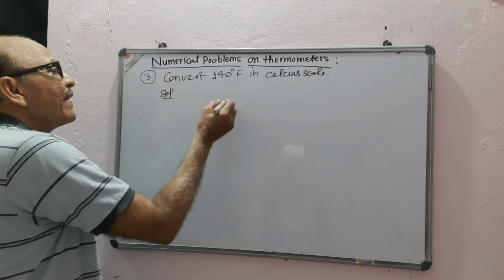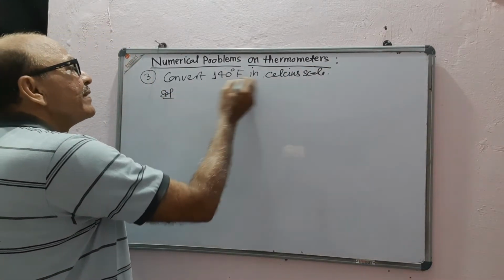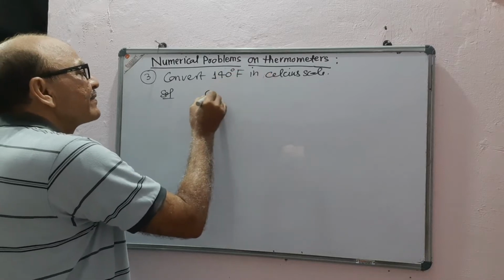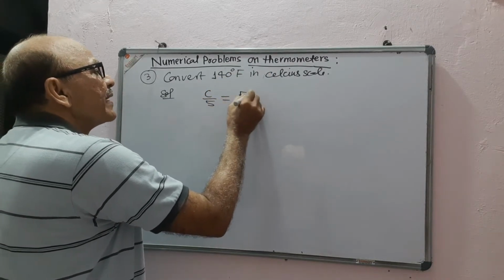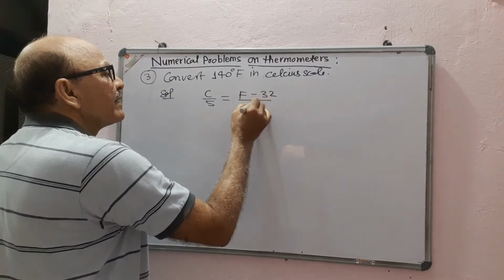Solution, as in the above question, you can use Celsius and Fahrenheit. C upon 5 is equal to F minus 32 upon 9.